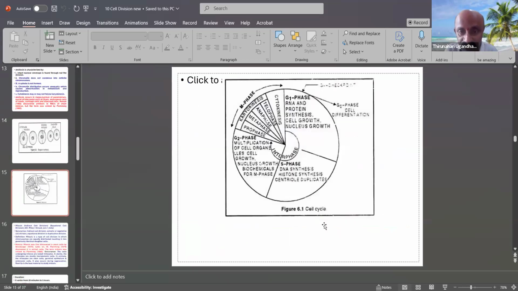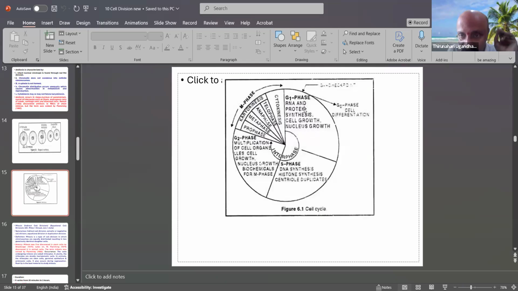Now the stages of cell division in mitosis. The cell cycle includes G1, S, G2. G1 means growth 1: RNA and protein synthesis, cell growth, nucleolus.